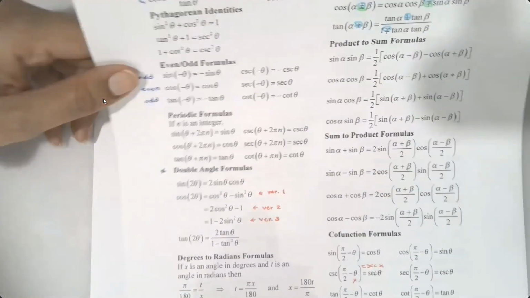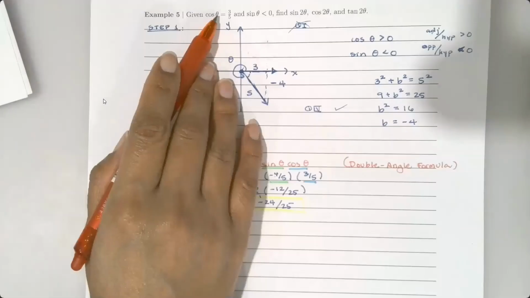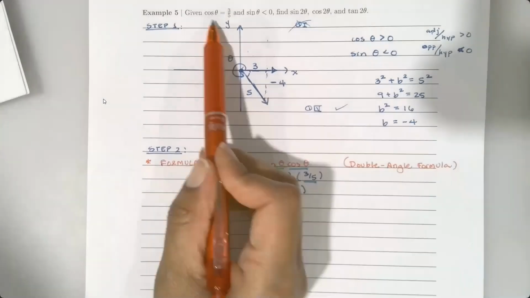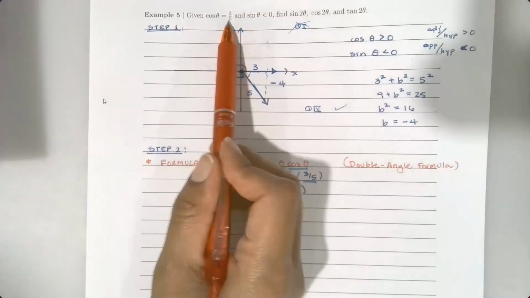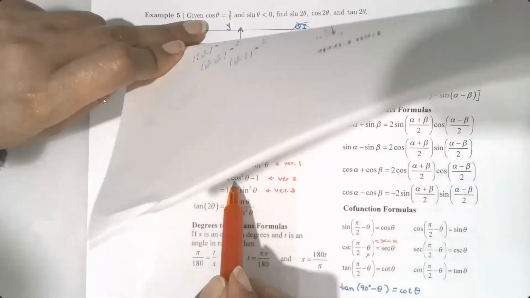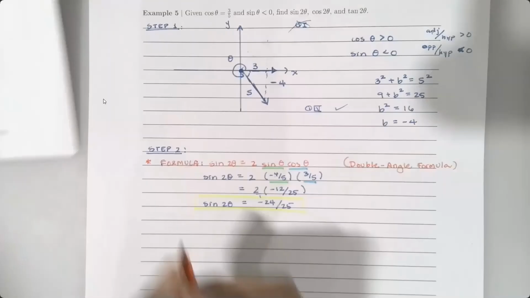So if we look here, they gave us cosine theta only. All the other ones we are able to find from the diagram, but if we're just using what was explicitly given, we can go back and say, well, version 2 uses only cosine, and that was explicitly given. Okay, so we're gonna go for version number 2.